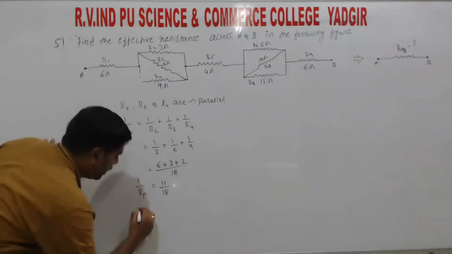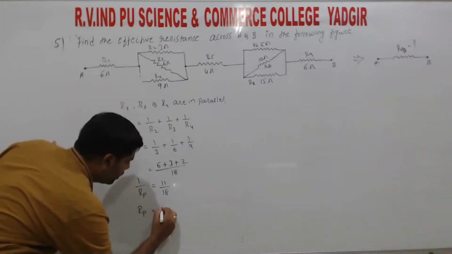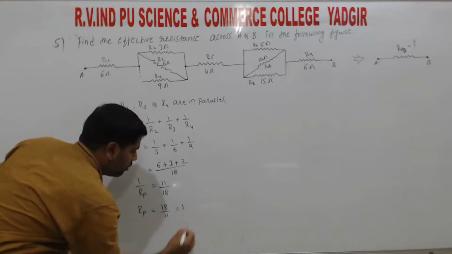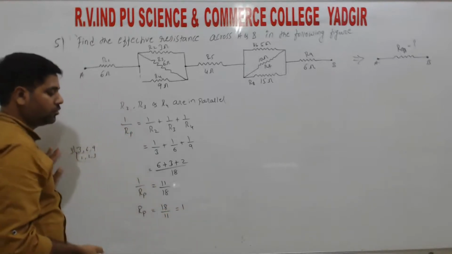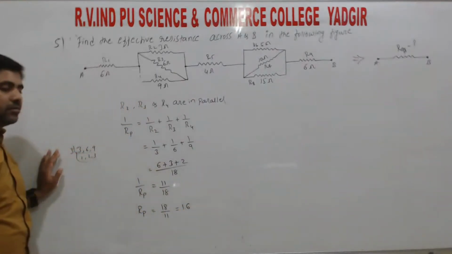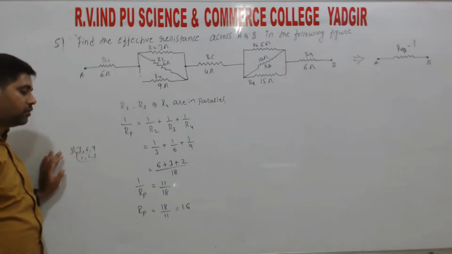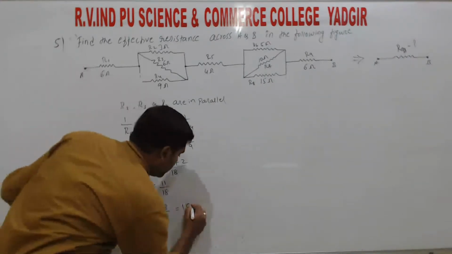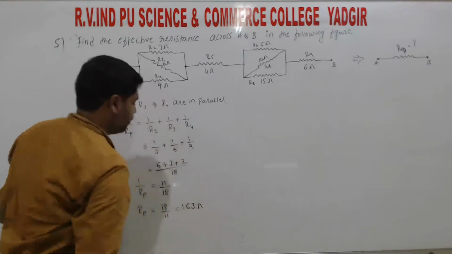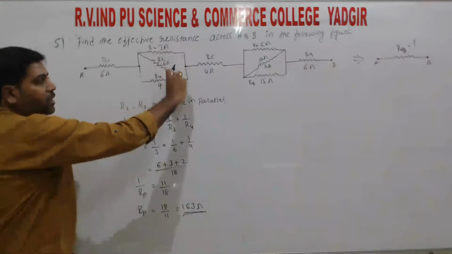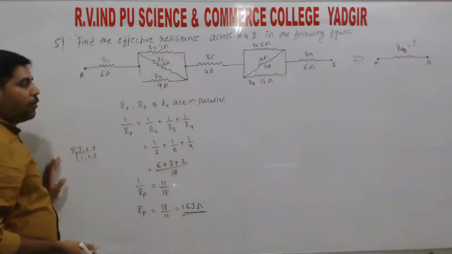So we need Rp, right? So Rp is equal to 18 divided by 11. So 11 ones are 11, 11 sixes are 66, right? So 1.6 and it further continues. So 1.63 ohm. So this is the equivalent resistance of these three resistors which are connected in parallel, right?